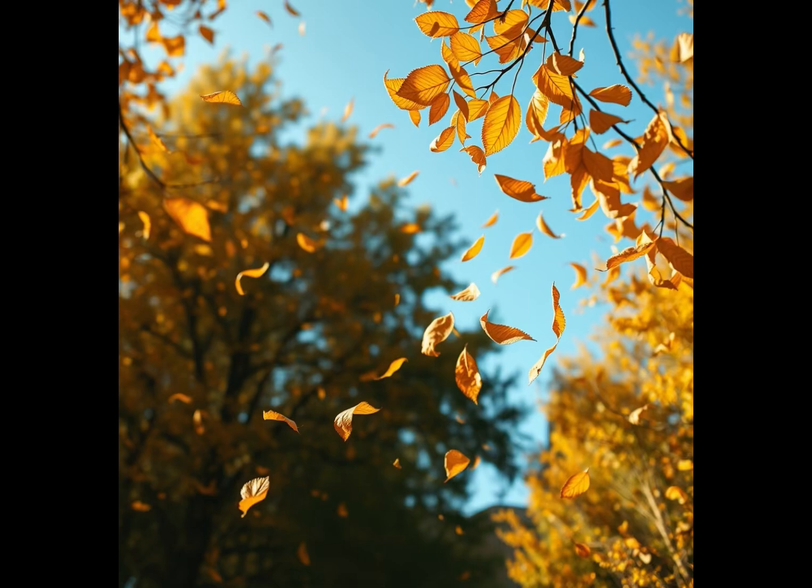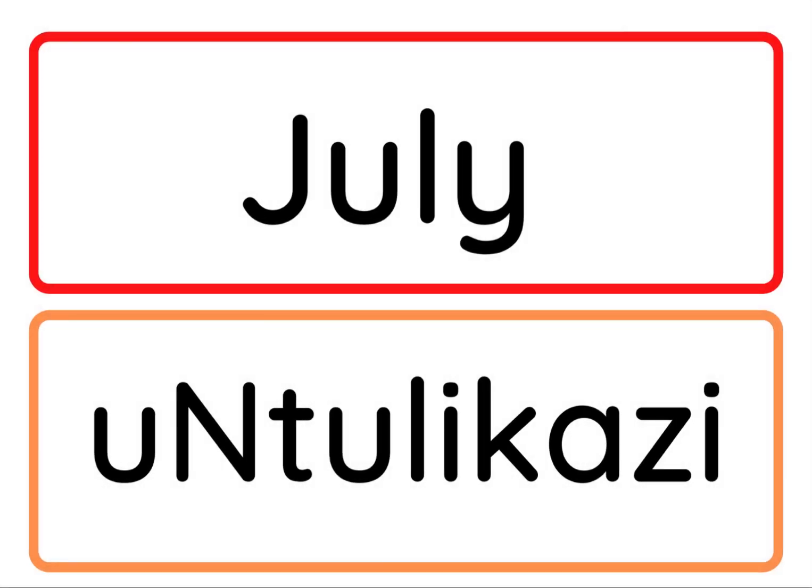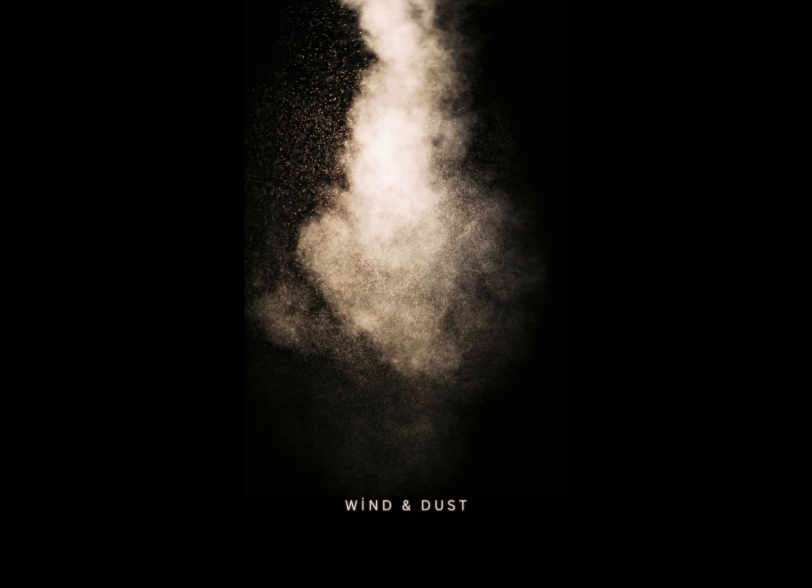July is Untulikazi. Ntuli is dust. In July, there is a lot of dust. During the month of July, winds blow up dust.